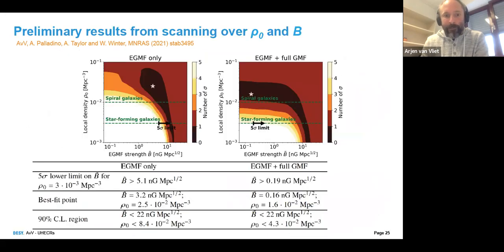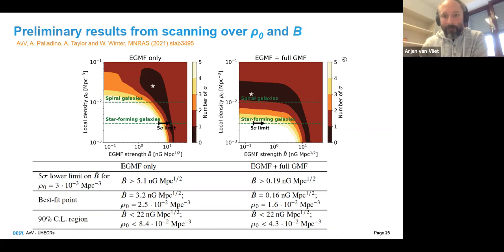Now, if you do this in a systematic fashion and scan over different values of the extragalactic magnetic field strength and different local source densities, do this for the extragalactic magnetic field only and for the extragalactic plus galactic magnetic field, then you get these kind of results. We do this both with and without the galactic magnetic field, because of course we don't perfectly know what the galactic magnetic field looks like.